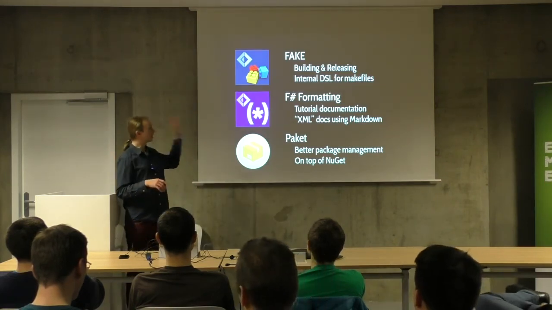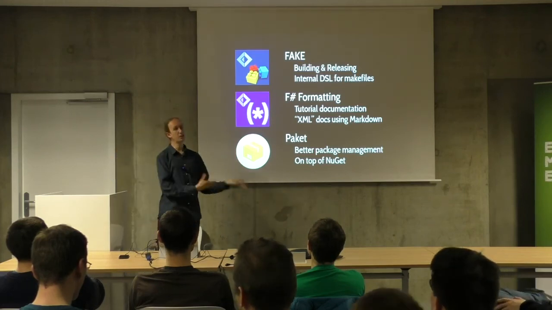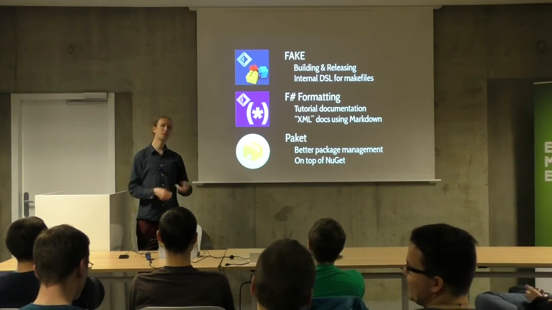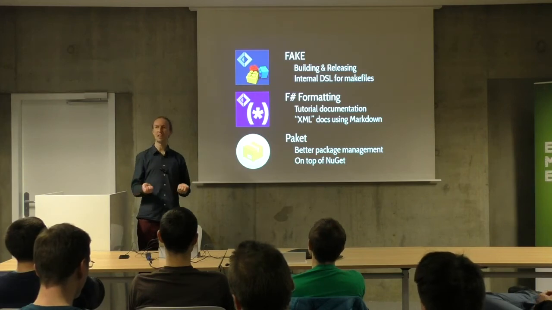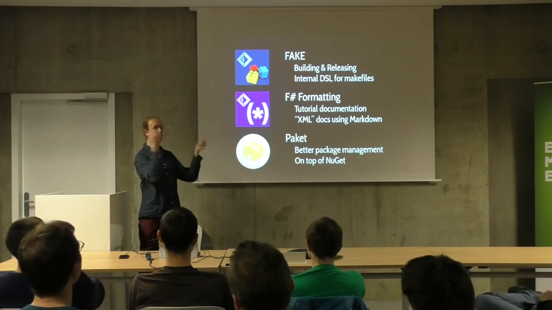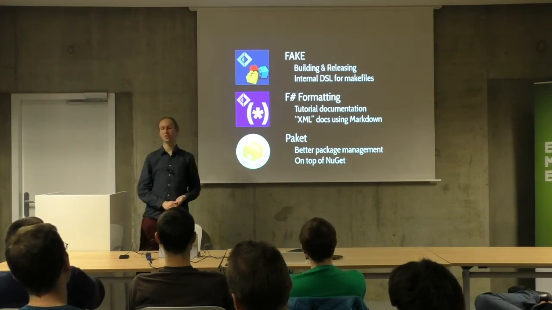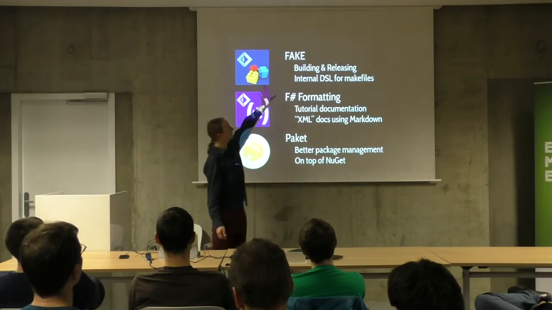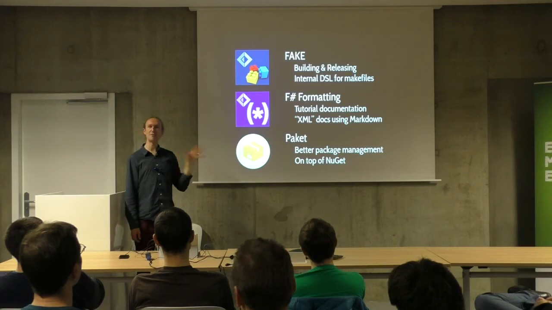But it's also just a nice example of how you can use some of the other tools. And one way to use it is to have a look at it and see if there is something interesting that we could just copy over from those settings and use on our projects. So it has a good example of using FAKE, which stands for F# Make.